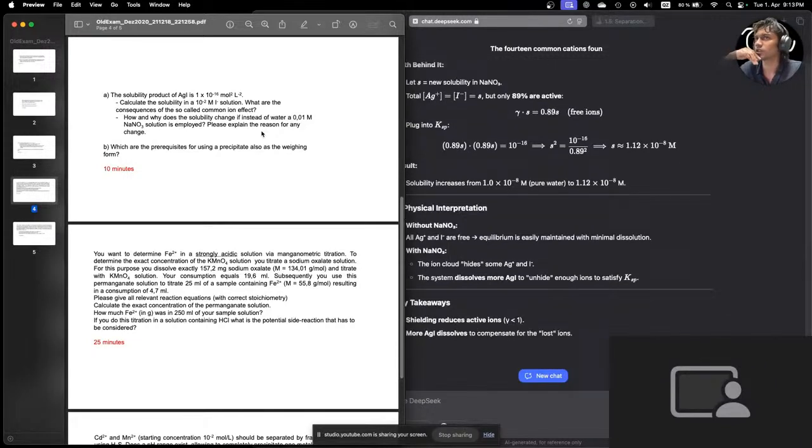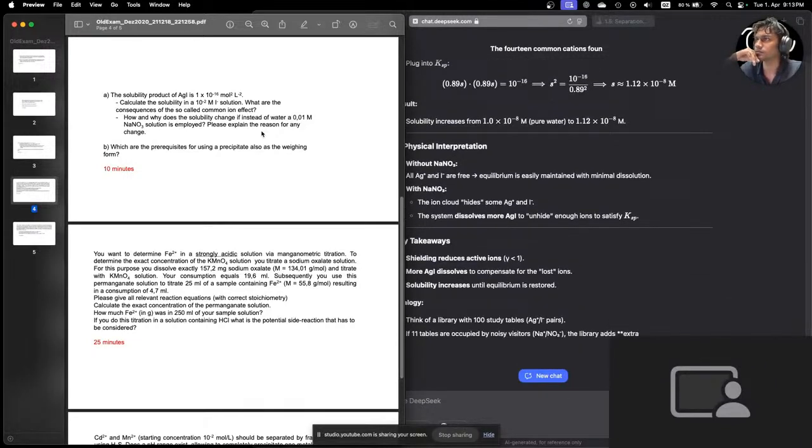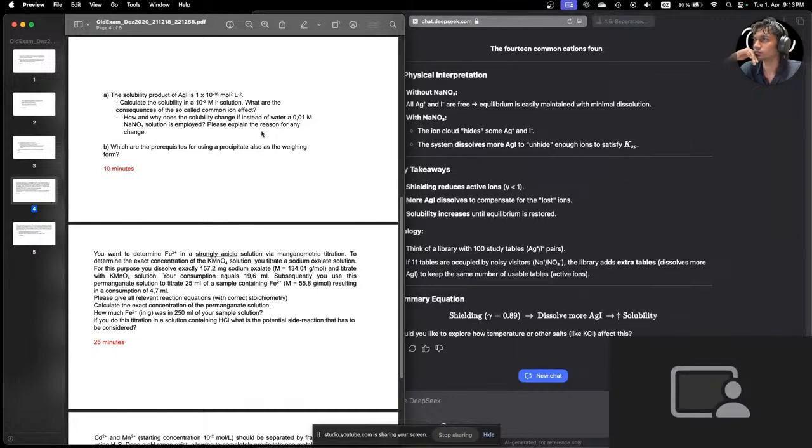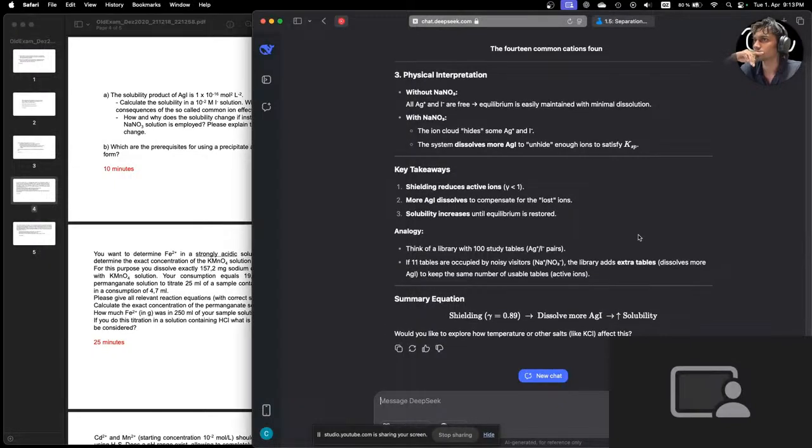The solubility changes because it's the ion shielding. I get it.